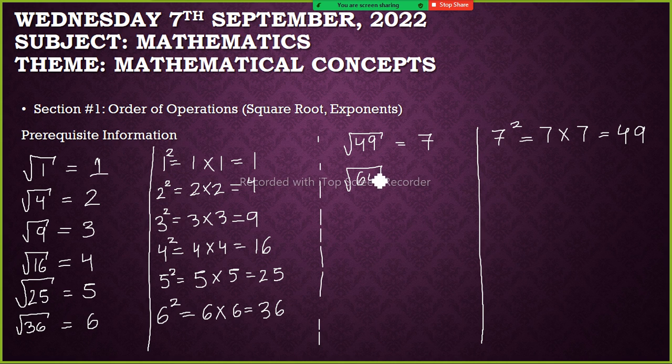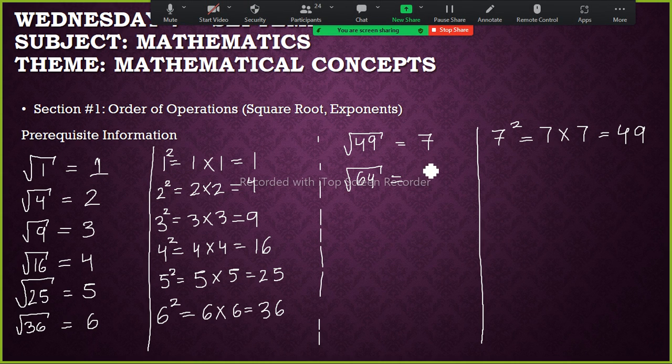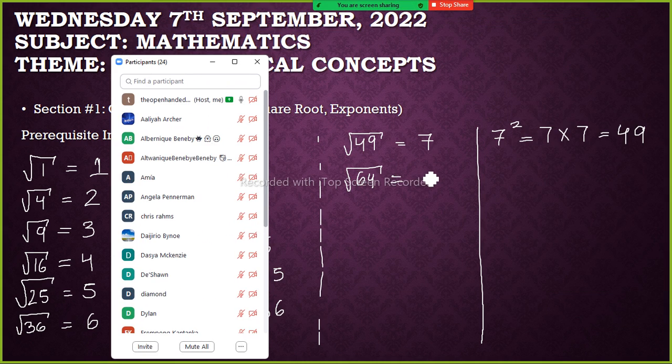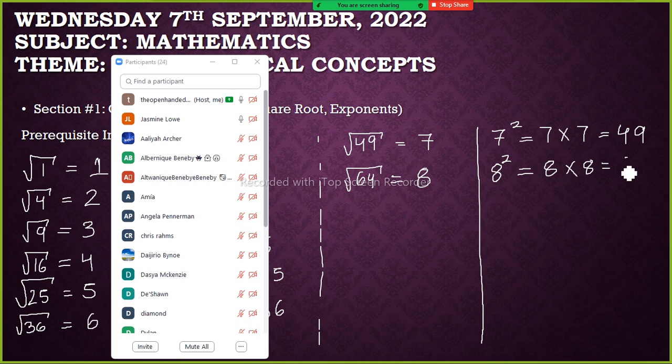64, which is what? 8. Yes, the square root of 64 is 8. And that's because 8 squared equals 8 times 8. And 8 times 8 is 64.